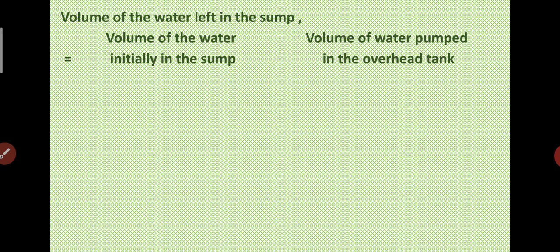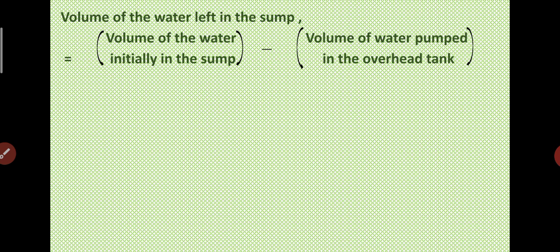Now we want to find out the volume of the water left in the sump. How to find out? Volume of the water initially in the sump minus volume of the water pumped into the overhead tank. From the sump, some water was pumped into the overhead cylindrical tank, so the remaining water we want to find out.